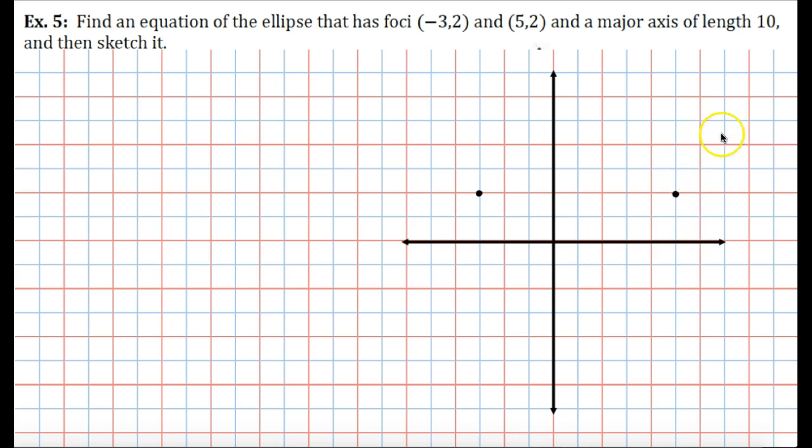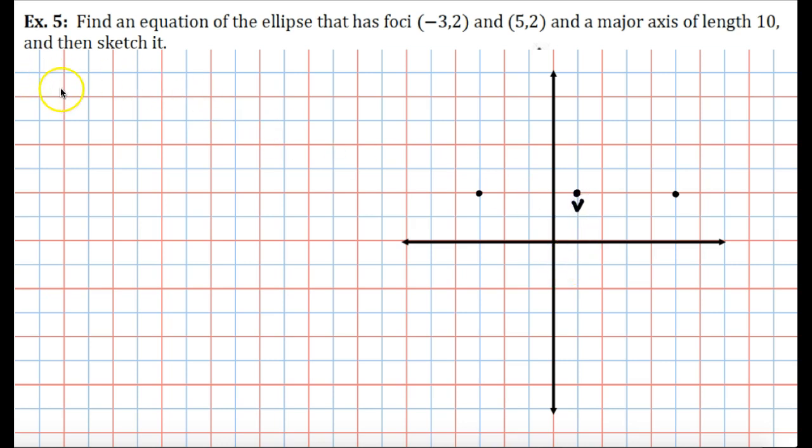Okay, so I know a couple of things just from that. First of all, the vertex is going to be exactly halfway in between the foci. So the distance between these two foci is 8, right? So that means that if I go a distance of 1, 2, 3, 4, that'll get me to my vertex.